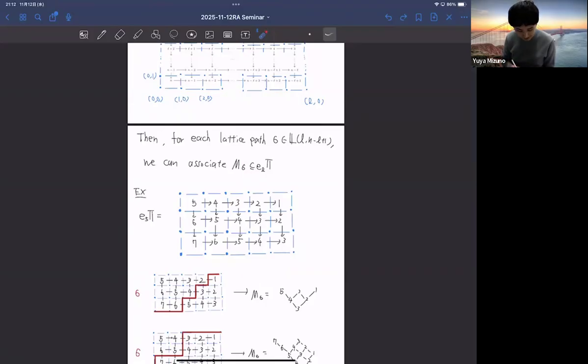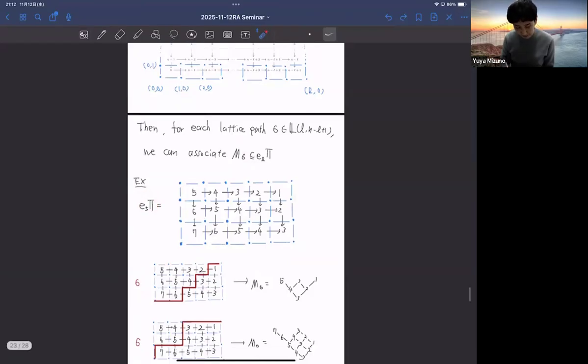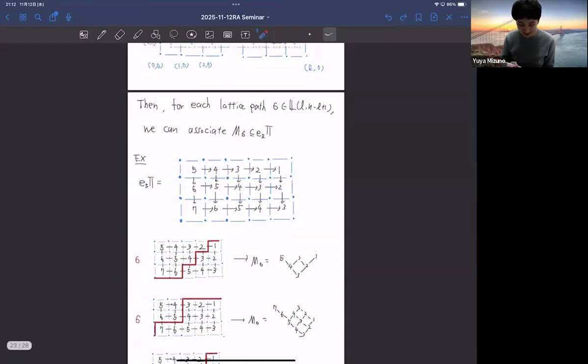So let me explain for type A7 and this indecomposable projective. What we want to do is determine all submodules of this indecomposable projective. For this purpose, we consider this lattice path and consider the path from this point to this point.